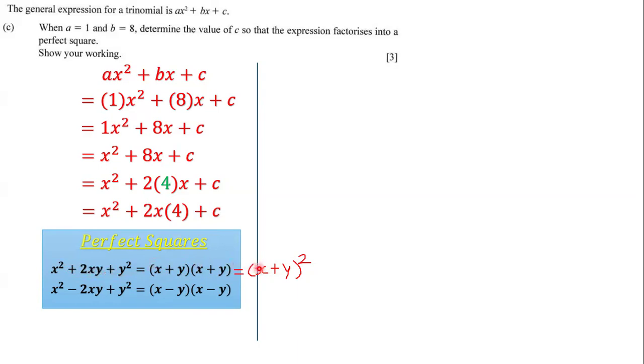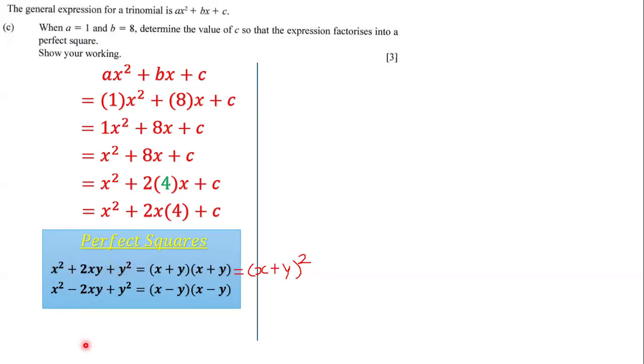Again, if we have x plus y squared, which is a perfect square, and we expand it, it's going to be equal to x plus y times x plus y, which is equal to x squared plus 2xy plus y squared.